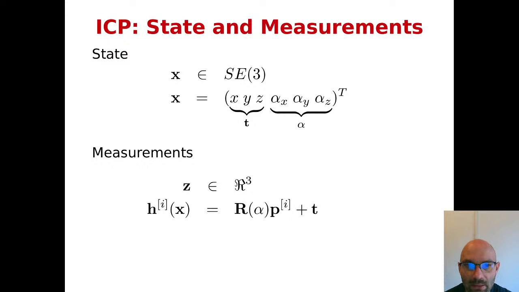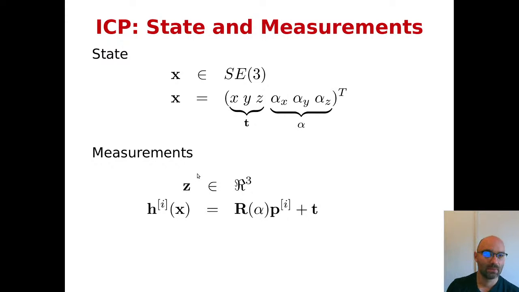We will represent it as a 6D Euclidean vector, where the first three components x, y, z denote the translation part, and the remaining three components alpha x, alpha y, and alpha z denote the rotation along the three axes. You will recap that it's always possible to move from this representation to a translation vector and a rotation matrix, this time in 3D.